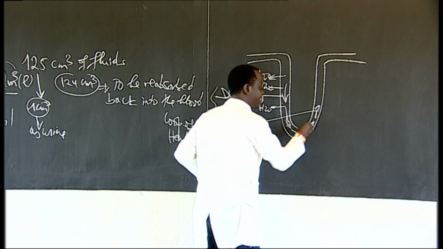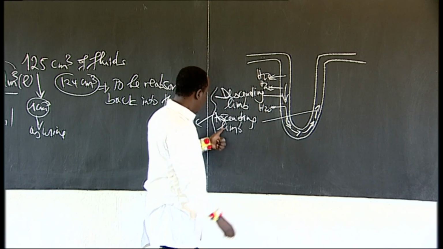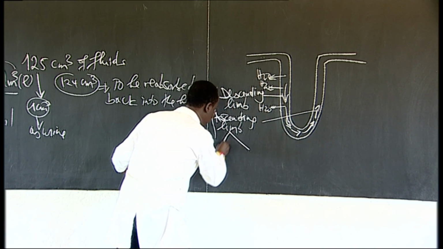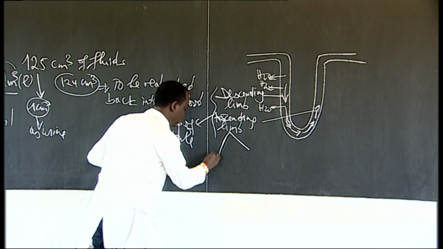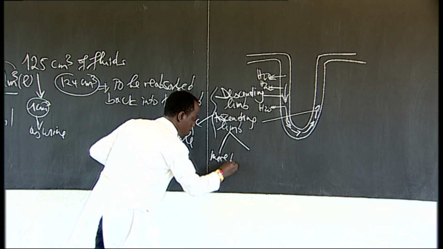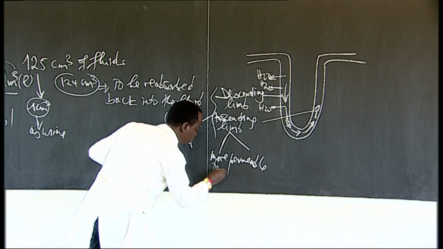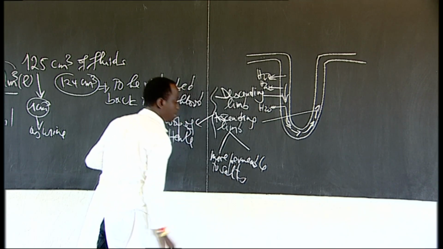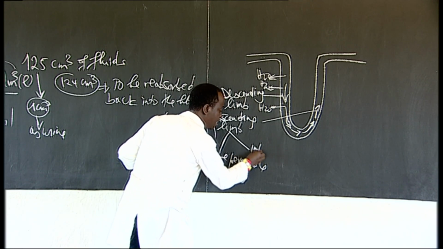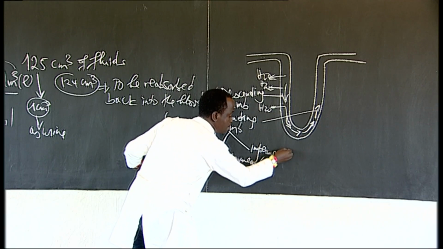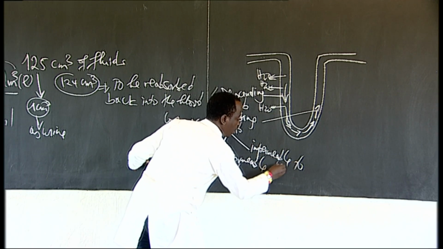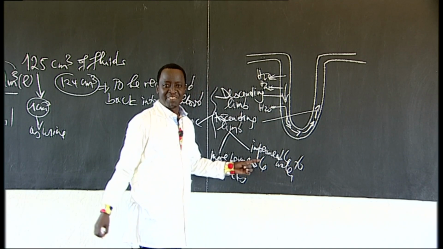To the ascending limb. Now, this ascending limb is more permeable to salts, and totally impermeable to water. Are you getting this?